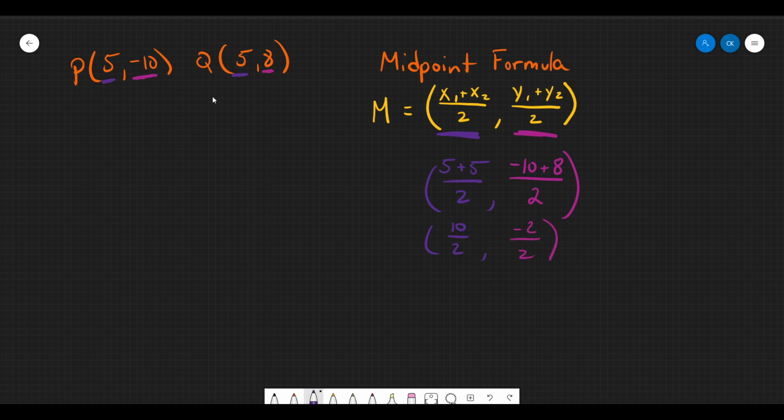And then 10 over 2 gives us 5, and negative 2 over 2 gives me negative 1. So my midpoint M is going to be at the point (5, -1).